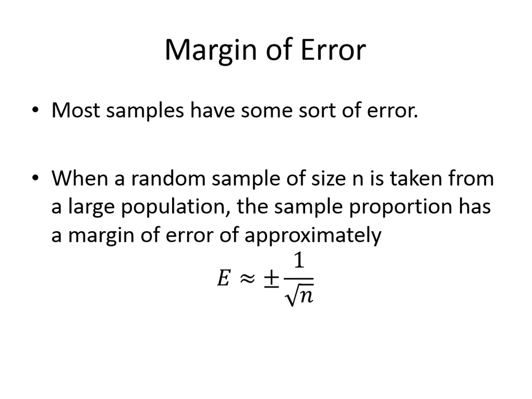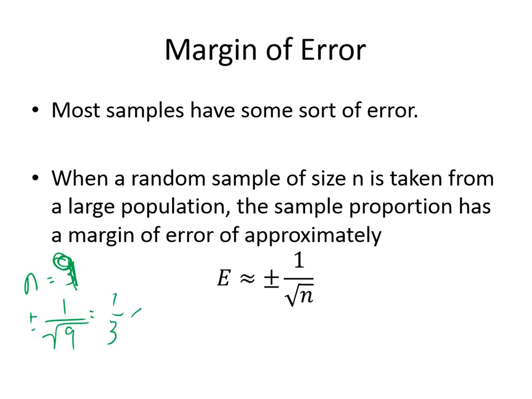So if you think about it, let's say I took a sample of 3 people. So my n would be 3. 1 over the square, actually no, let's go 9. Let's do a nice round number. So I took a sample of 9 people. So it'd be 1 over the square root of 9, which is 1 over 3.